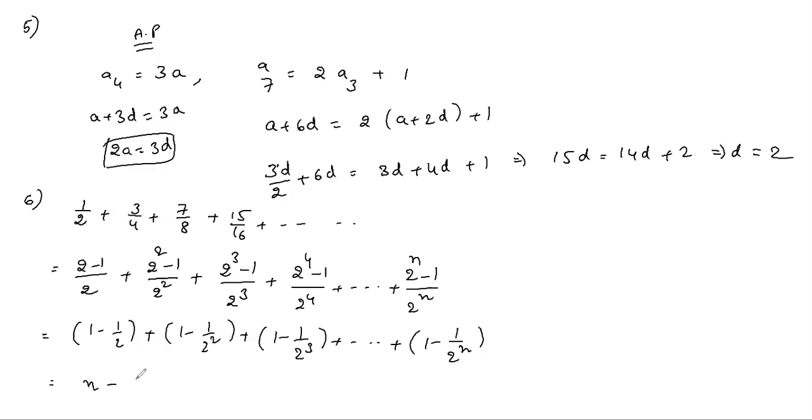This is a GP: a into 1 minus r power n by 1 minus r. So n minus 1 by 2, the 1 by 2 denominators cancel, minus 1 minus 1 by 2 power n, which is nothing but 2 power minus n.